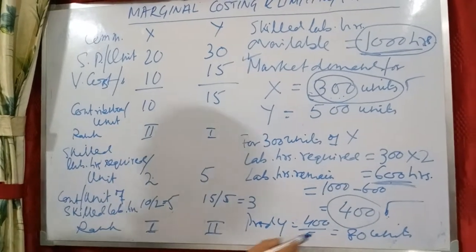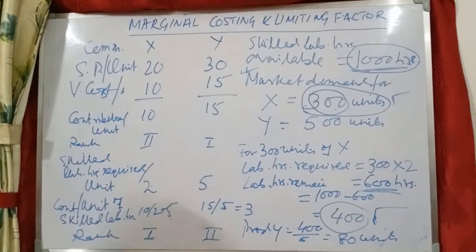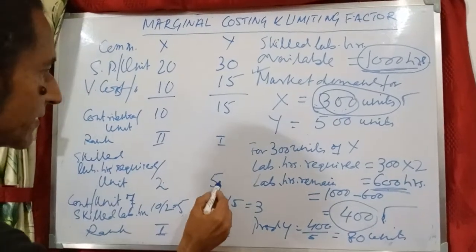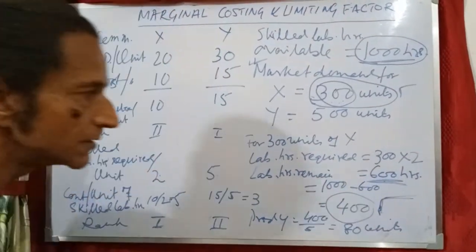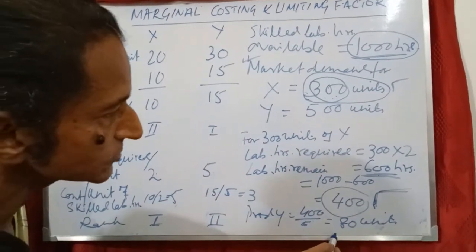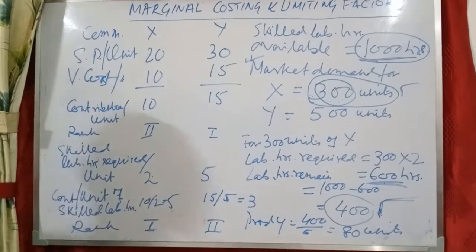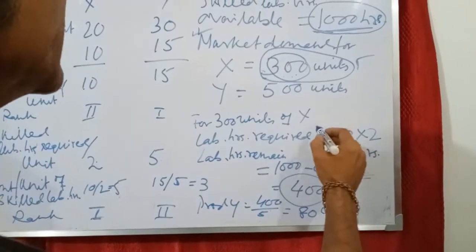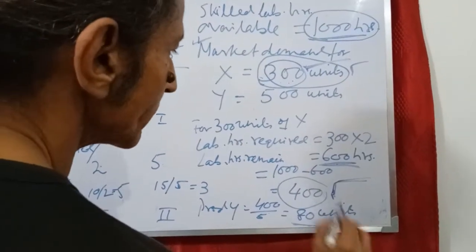Now these 400 labor hours will be used to produce as many Y as possible. Since Y needs 5 labor hours to produce 1 unit, by using these 400 skilled labor hours, the firm can produce 400 by 5 equals 80 units. So the firm will ultimately be producing 300 units of X, that is the full market demand, and only 80 units of Y.